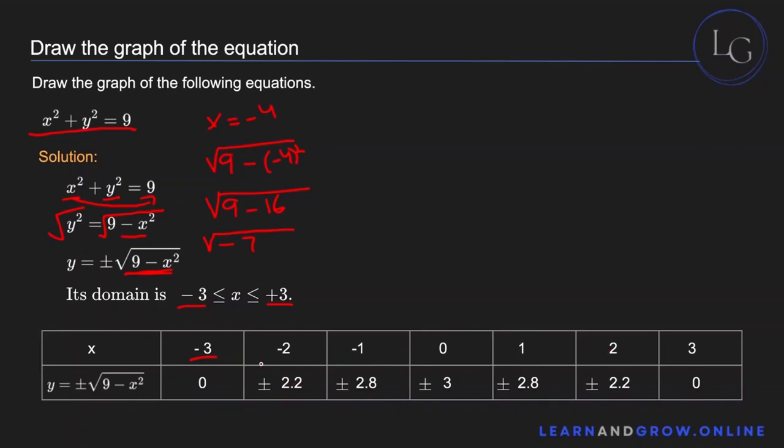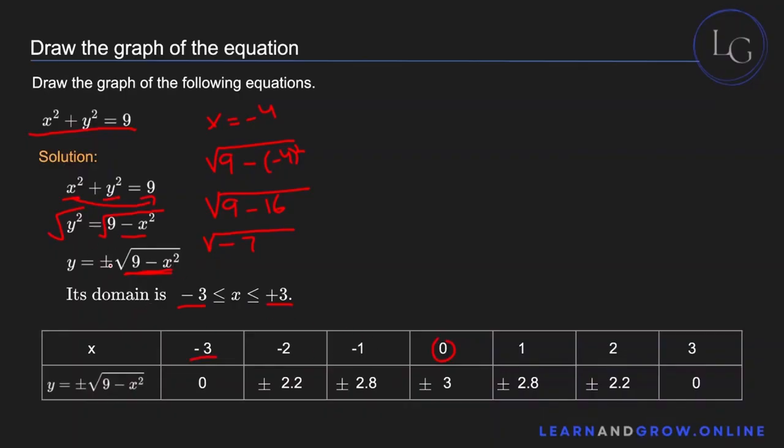You get all of these values, but remember, you get both the positive and the negative value, right? For example, let's take 0. When you input 0 into this equation, that becomes square root of 9 minus 0 squared, so simply the square root of 9.